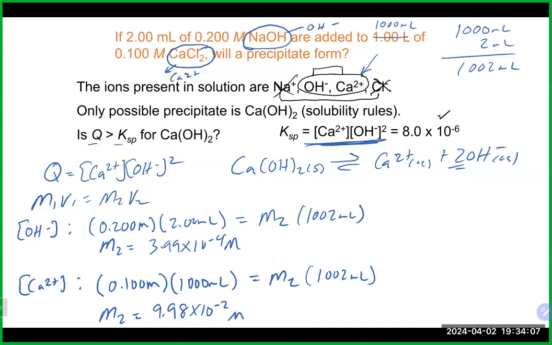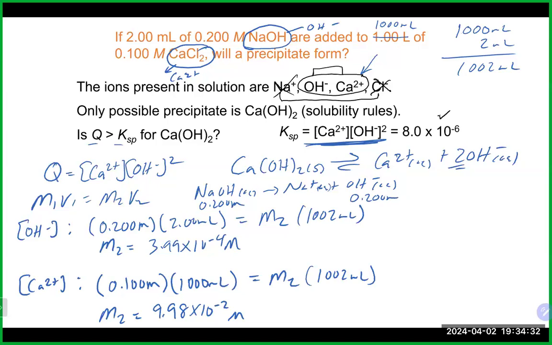By the way, sodium hydroxide, when it breaks apart, forms a sodium ion and a hydroxide ion. It is a 1-to-1 relationship, which means if its concentration was 0.2 molar, the hydroxide is also going to be 0.2 molar. So that's how we know the hydroxide was 0.2 molar.